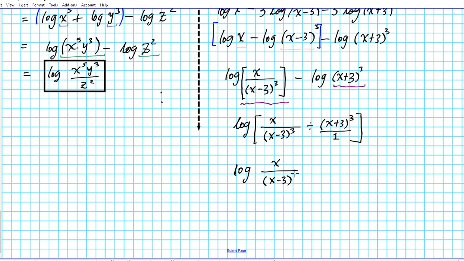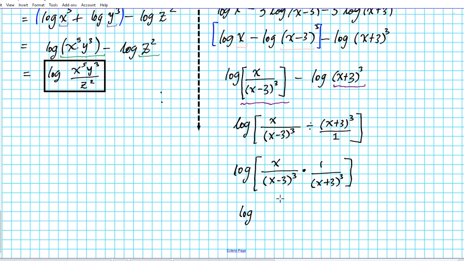You keep that, or you drop it. You change your division to a times, and then you reciprocate your divisor, so this becomes 1 over x plus 3 to the third. Okay, so that's how you divide fractions. We're just extending that idea over here.